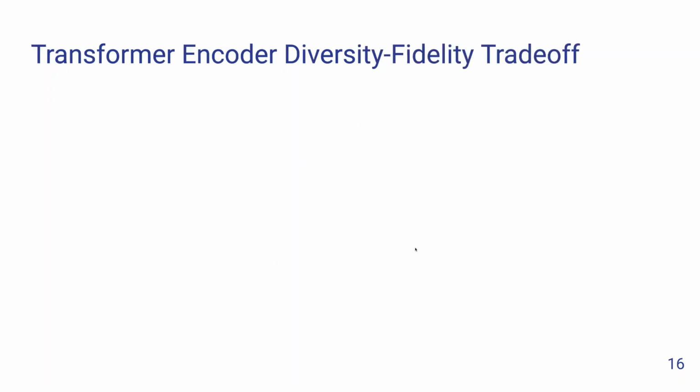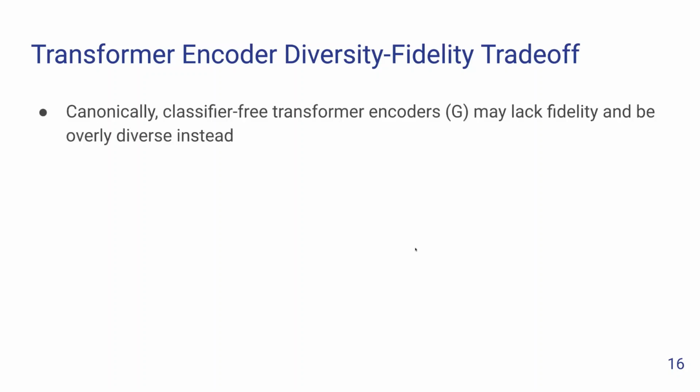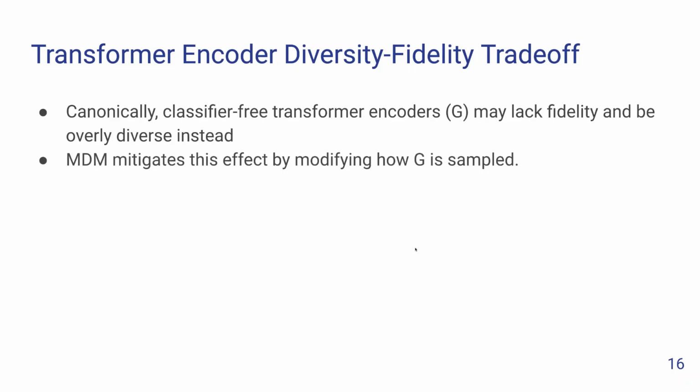Finally, I want to talk some more about the transformer encoder, and more specifically the diversity-fidelity trade-off. Canonically, the classifier for transformer encoders, G, we'll reference our transformer encoder as G in this presentation, may lack fidelity and will be overly diverse. MDM mitigates this effect by changing the way that G is sampled.